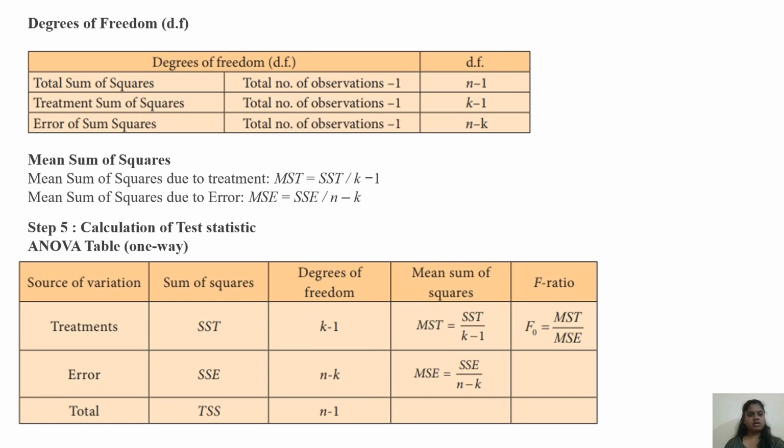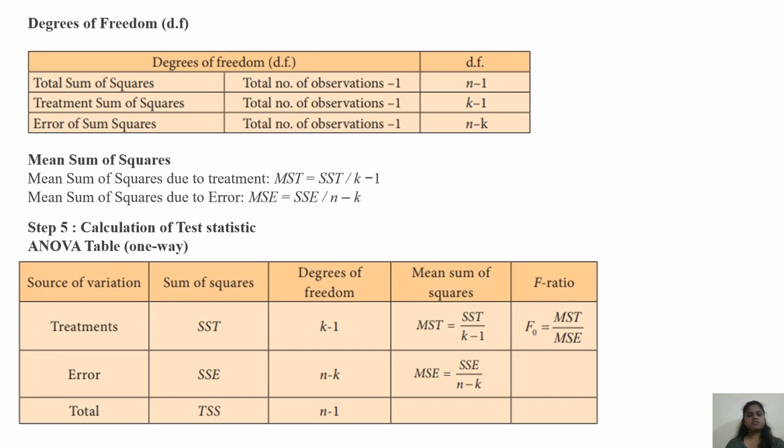For the total sum of squares, the degrees of freedom is n minus 1, that is total number of elements minus 1. For treatment, k minus 1, that is total number of rows minus 1, and for the sum of squares due to error, n minus k.